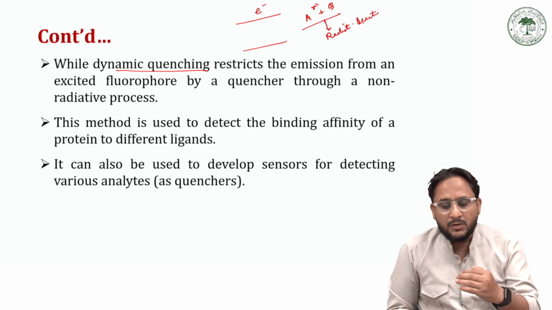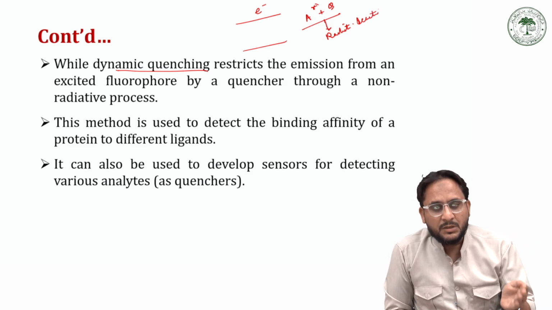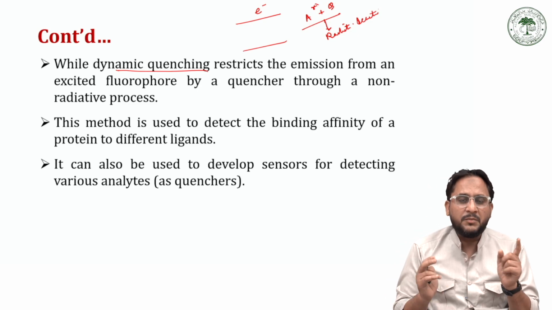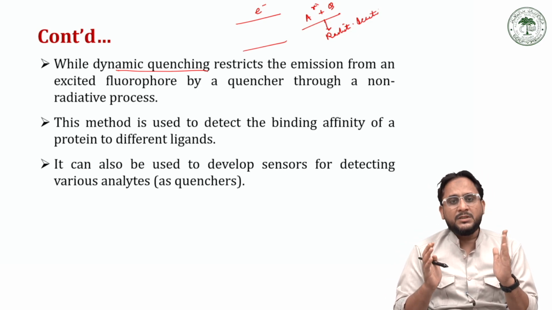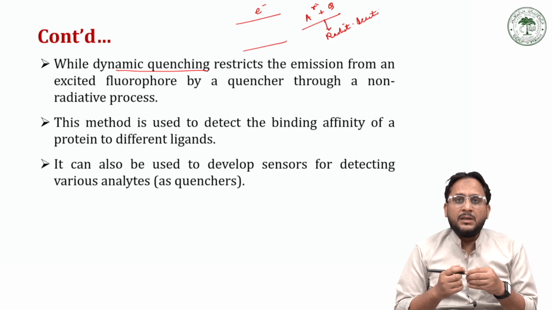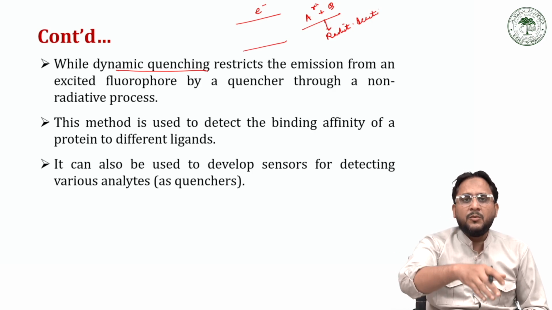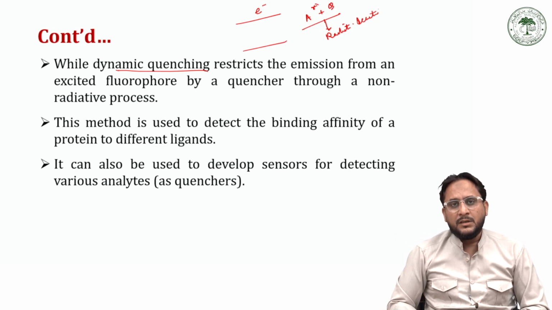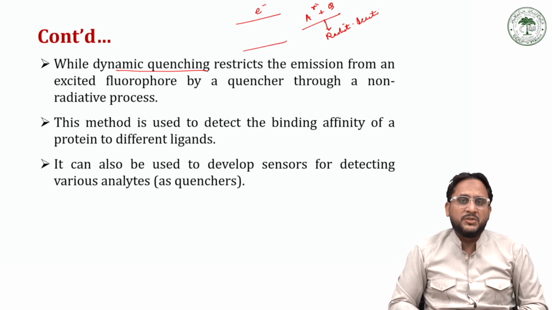But in this particular case, there may be some energy loss which may be due to non-radiative losses. So this is the main difference between dynamic quenching and static quenching. Static quenching refers to the process in which the quencher makes a complex with the analyte in the ground state only, so that there will be no emission.